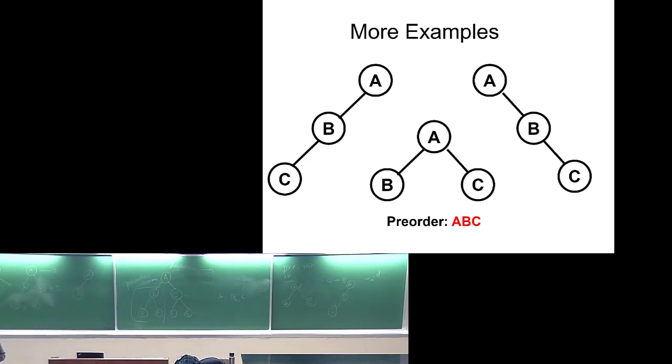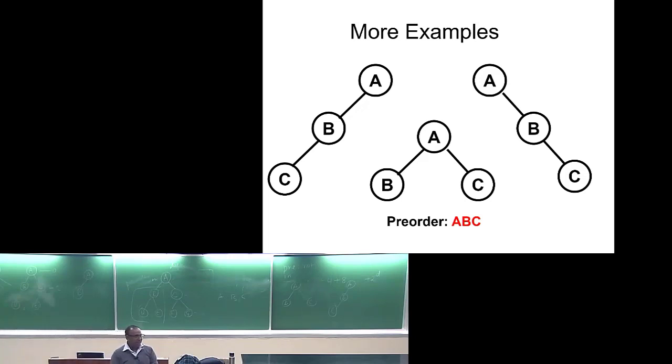So the first one, it is a tree. It is a binary tree, but it is a degenerated binary tree. It is a binary tree because A has a left child, but no right child. Right child is null. B again has a left child, but no right child.